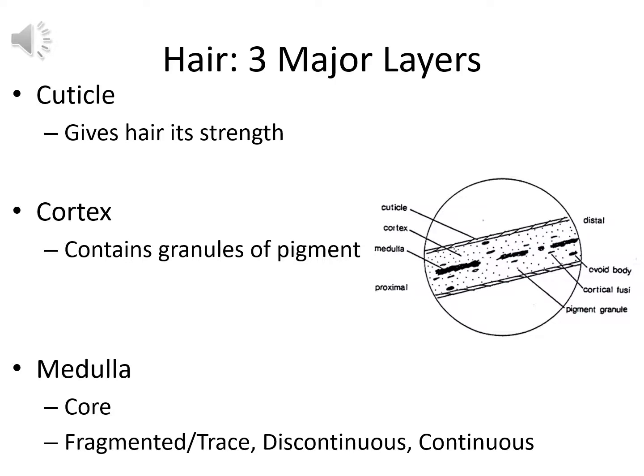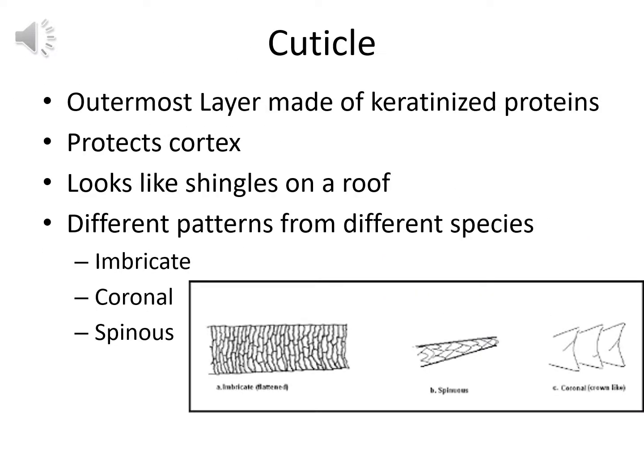So different features for different groups, but again, animal hair and human hair can be distinguished quite readily, and even within animals, you can distinguish between animals based on things like the cuticle pattern and the medulla type that you observe.